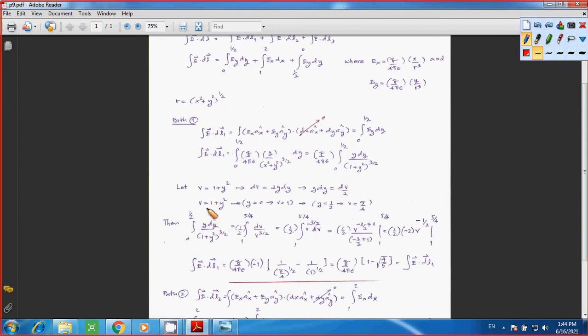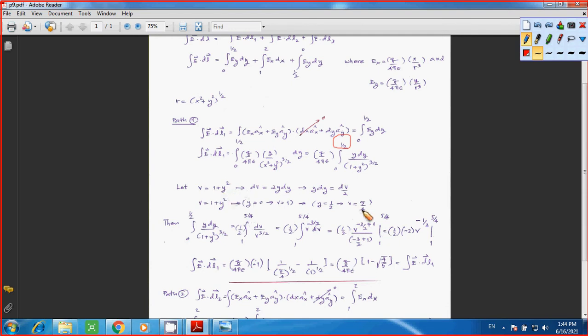And for the limit of integration, since v equal to 1 plus y squared, when your y equal to 0, you see that your v simply equal to 1. For y equal to 1.5, this is going to be 1 plus 1 over 4.